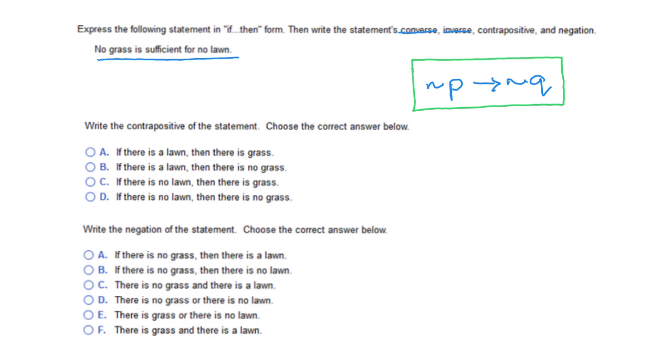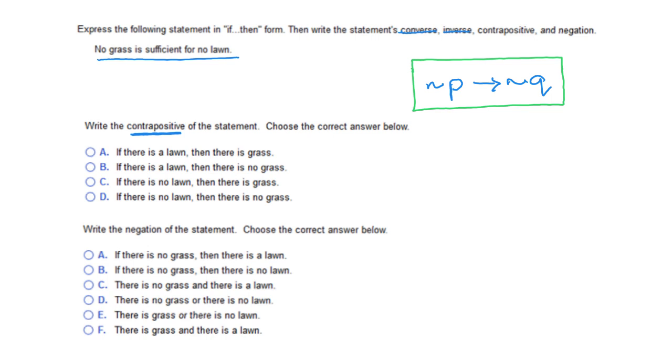The next item that we need to do is to rewrite the contrapositive given this conditional. On the contrapositive, what we have to do is reverse the order of the antecedent and the consequent, and then take the negation of both sides.